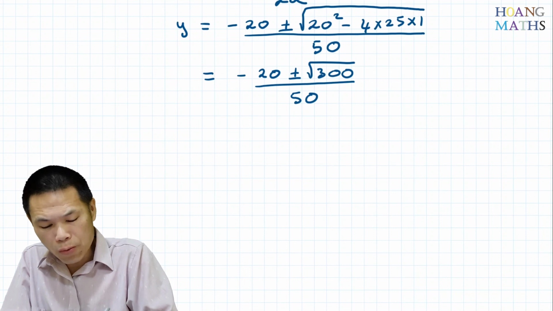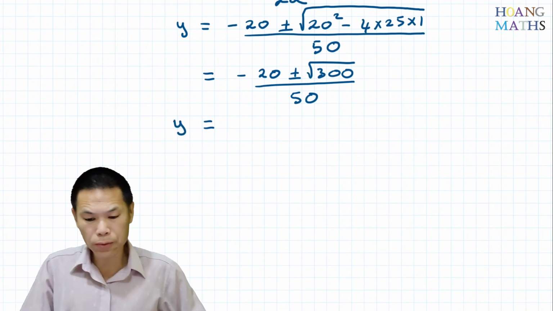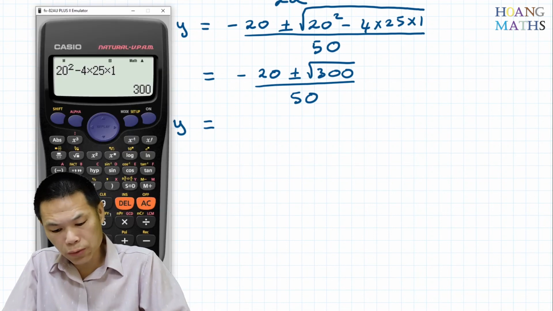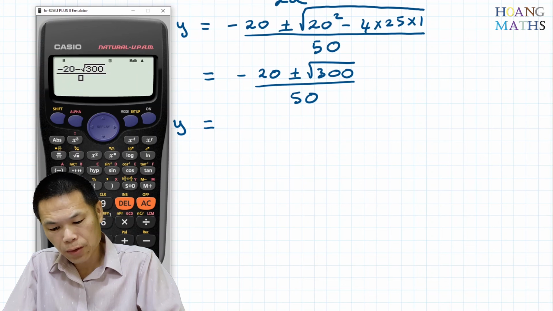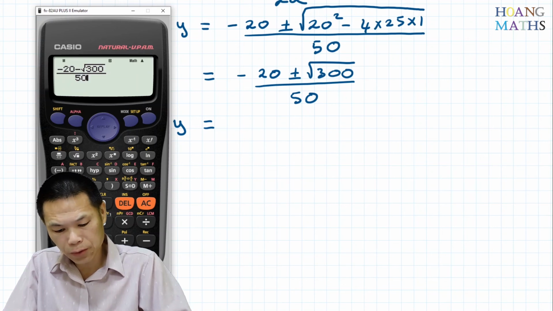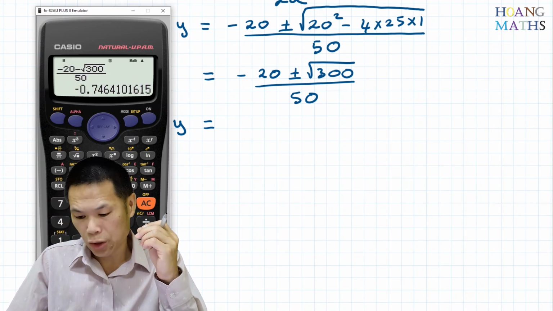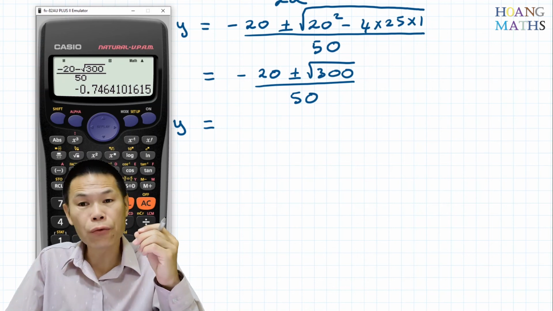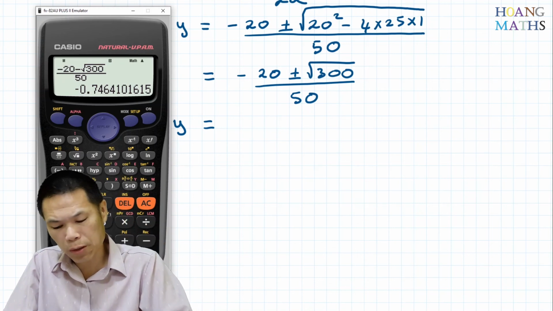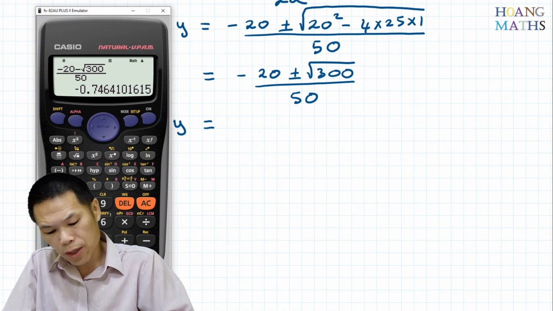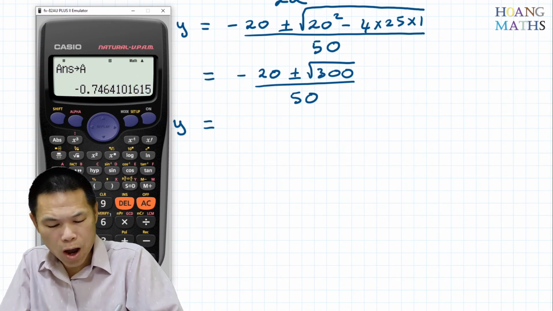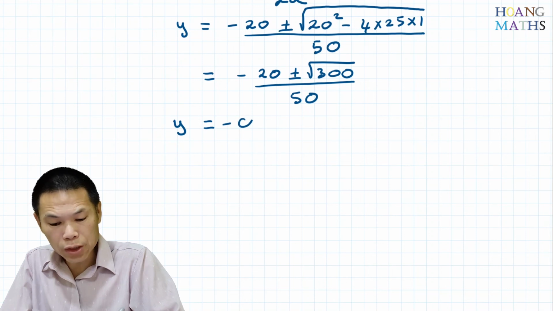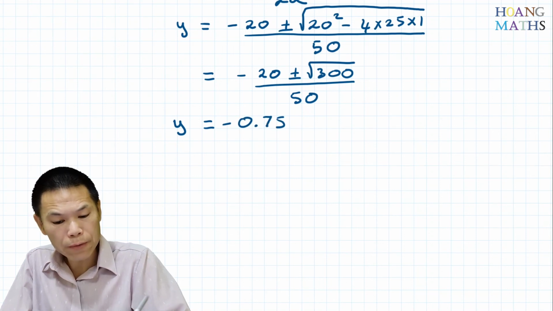So therefore, y is equal to, so I just go negative 20 minus square root of 300 over 50. So that will give me 0.75. Okay, correct to 2 decimal place. So answer, shift, store in A. So y equals negative 0.75.